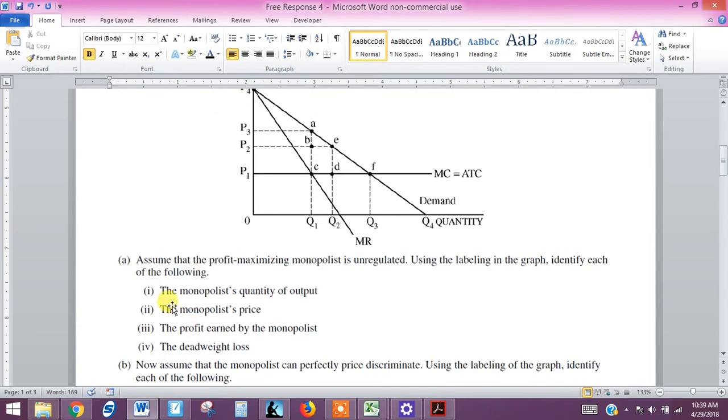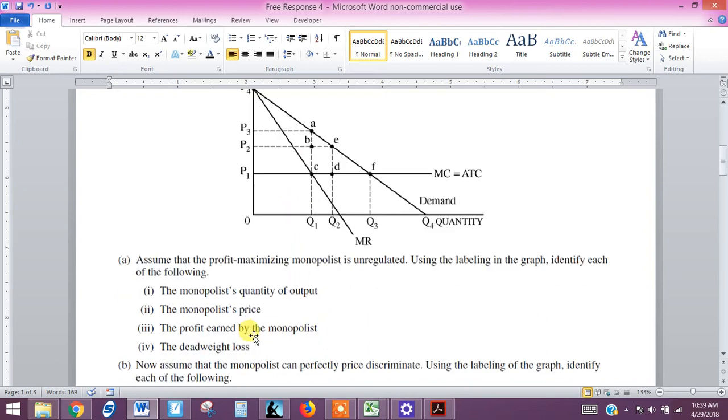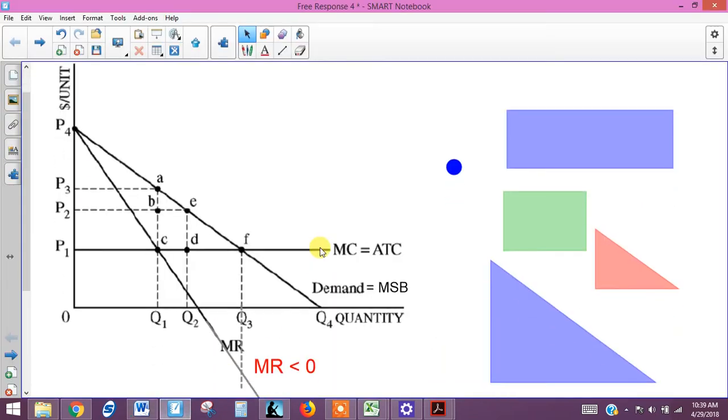So the first set of questions here are asking you to identify the monopoly's profit maximizing output, their price, and the profit that is going to be earned by the monopolist, and the deadweight loss that results when the monopoly produces at an output that is lower than the socially optimum.